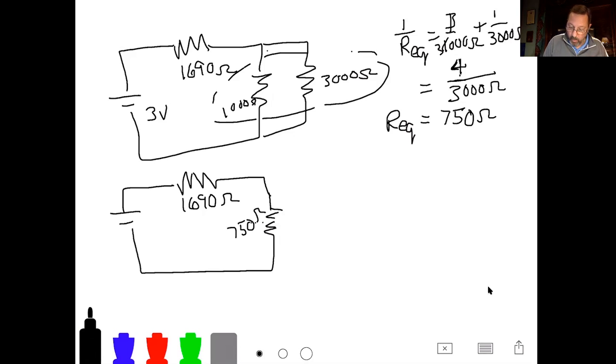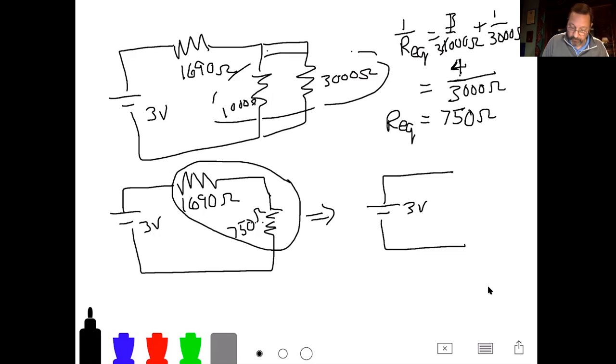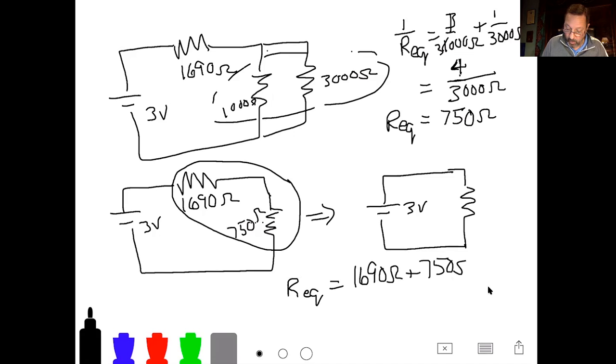Okay, so now I want to go one more time, and I want to take the 3-volt battery and simplify this with a single resistor that replaces those two. They're in series, and series resistances add, so the equivalent overall would be 1690 ohms plus 750 ohms, which is equal to 2440 ohms.